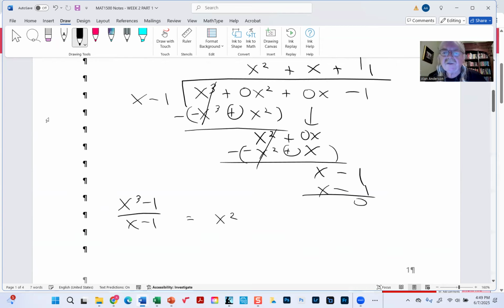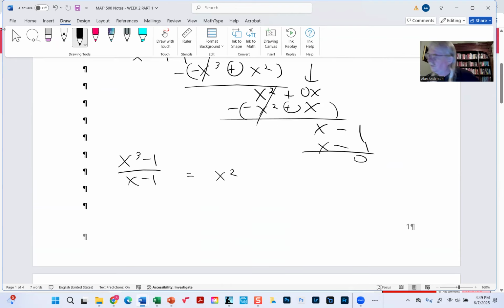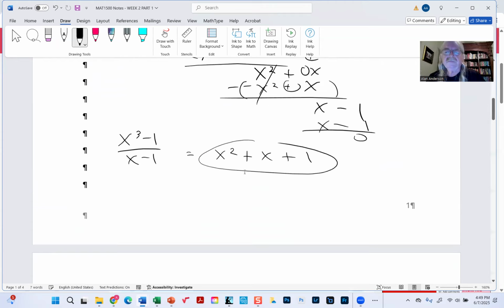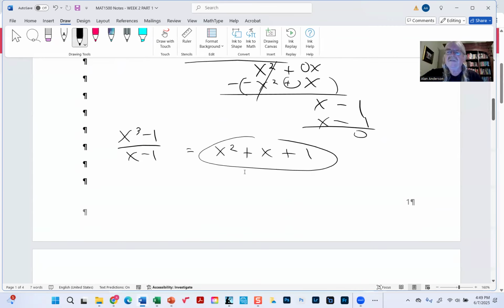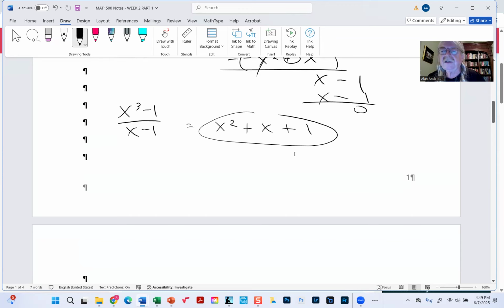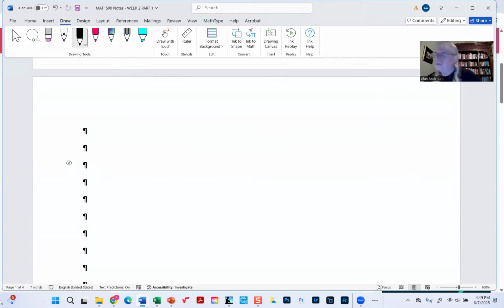If you divide that out, you'll get x squared plus x plus 1. Okay, so if this was the original function that we started out with, we'd have the same graph except that there wouldn't be a hole there, because here the domain is all the real numbers. Okay, so that's what really separates the two cases.